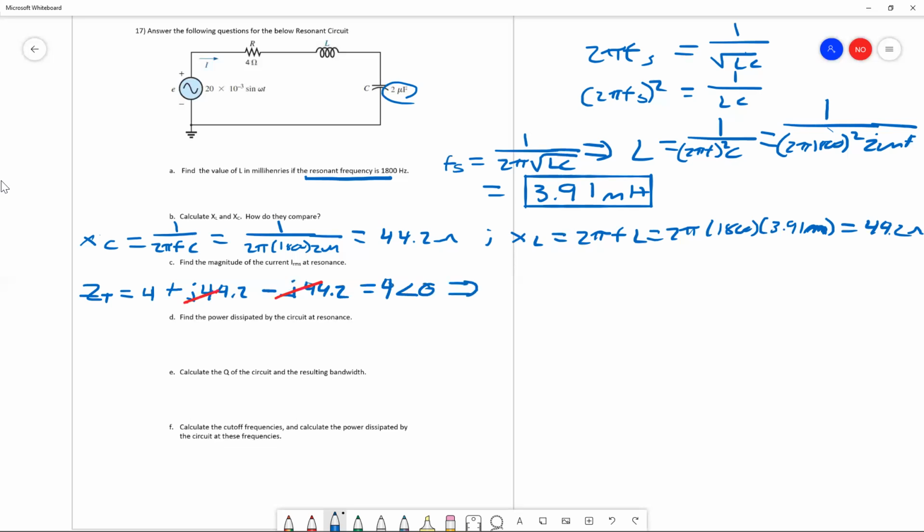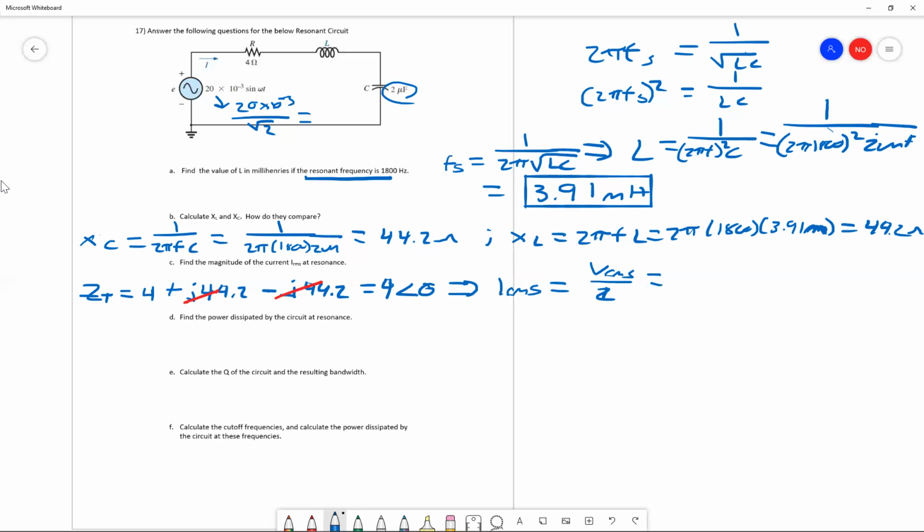So when we put it into Ohm's law, we'll take the current. Remember, we're trying to find the RMS value. So what we'll do is we'll need to find the RMS value for the voltage first, right? So this is current equals voltage RMS over the impedance. So that will be 20 times 10 to the negative 3 over radical 2.